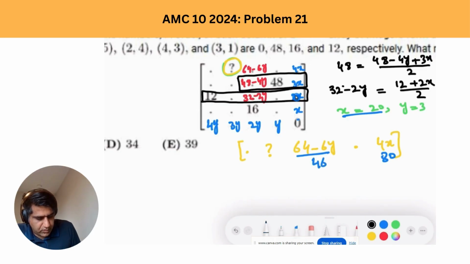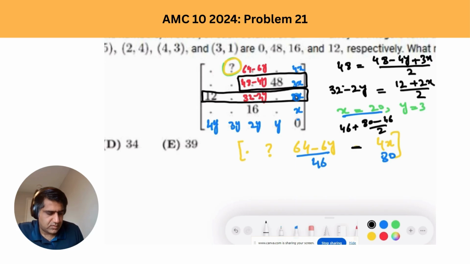And now to find the value for this one, we can get it by subtracting 46 from 80 and then adding this term. Okay, so this is our constant difference, right?